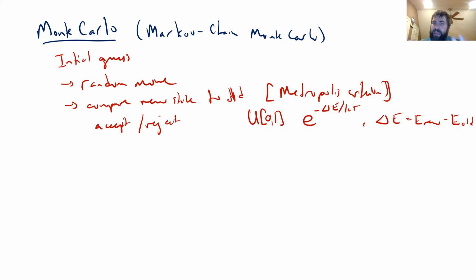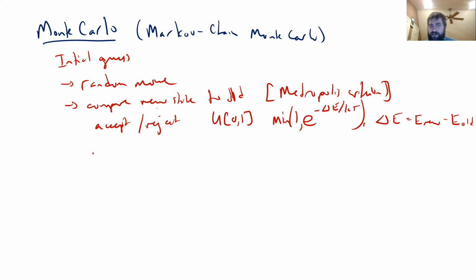We generate a random number between 0 and 1, and we compare it to the minimum of 1 or this number here.